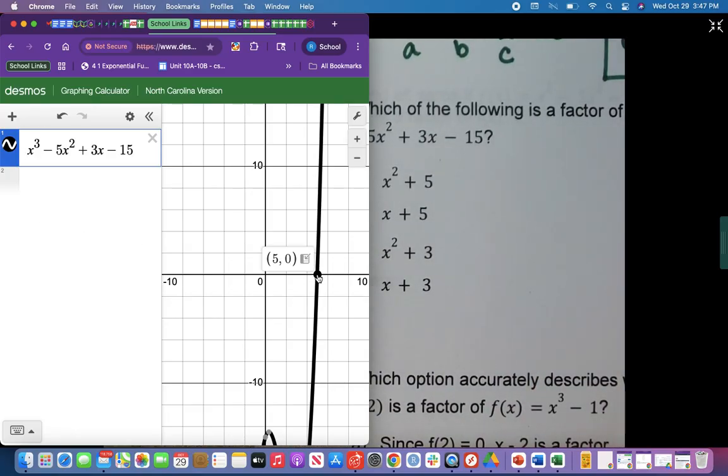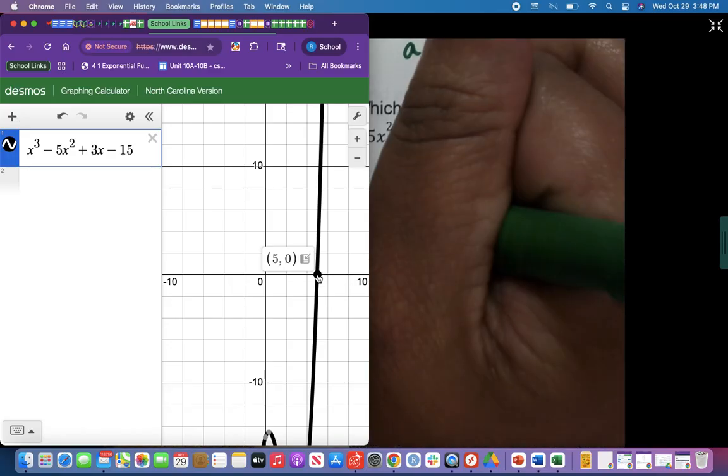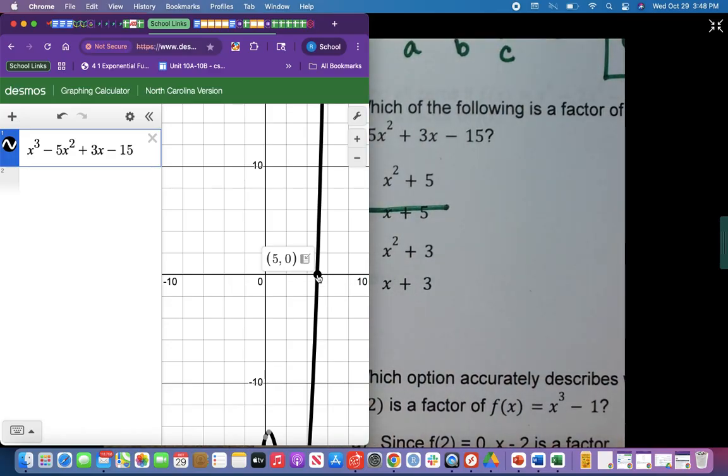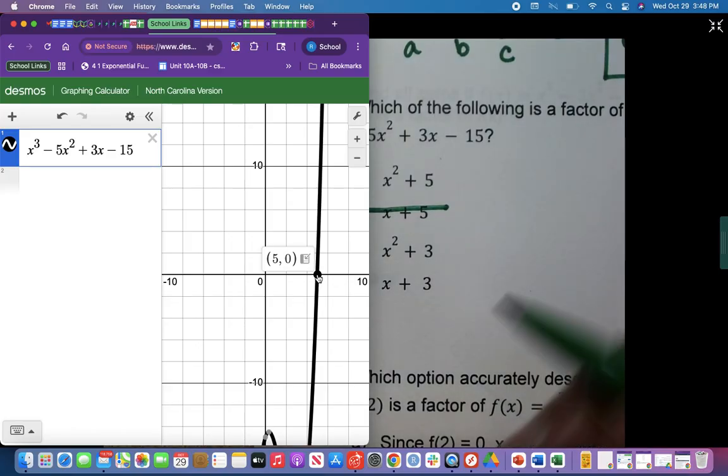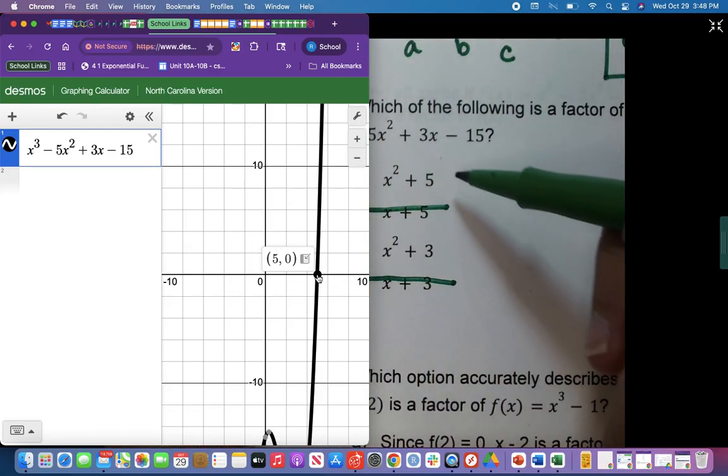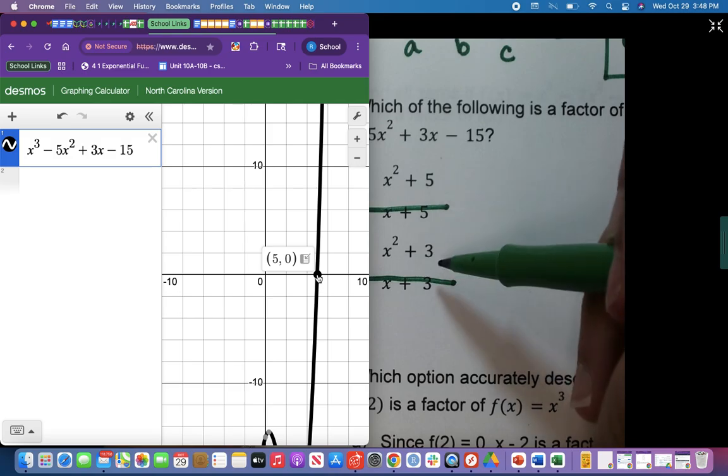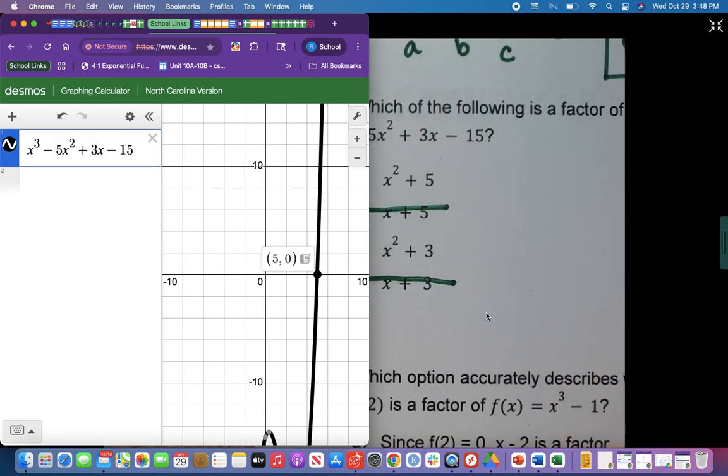All right, so we get positive 5, so that means x minus 5 would be a factor. So this says x plus 5, so that's a no. And then the only one that we see is that, so this one's also a no. So we're going to have to do division to see which one divides evenly.